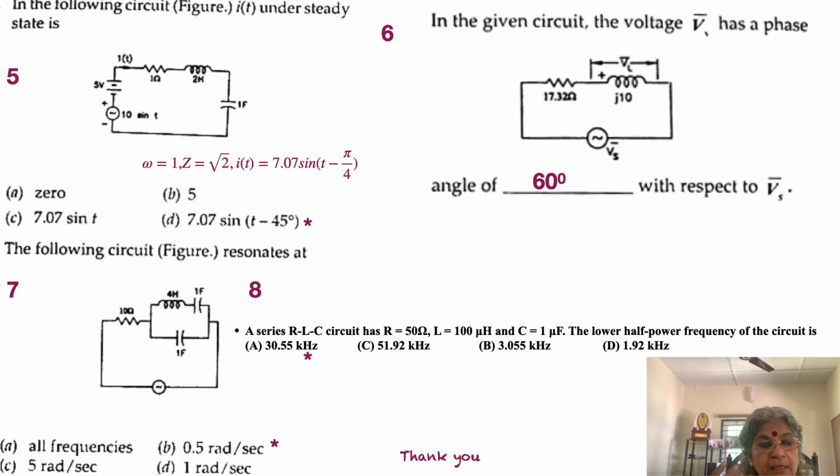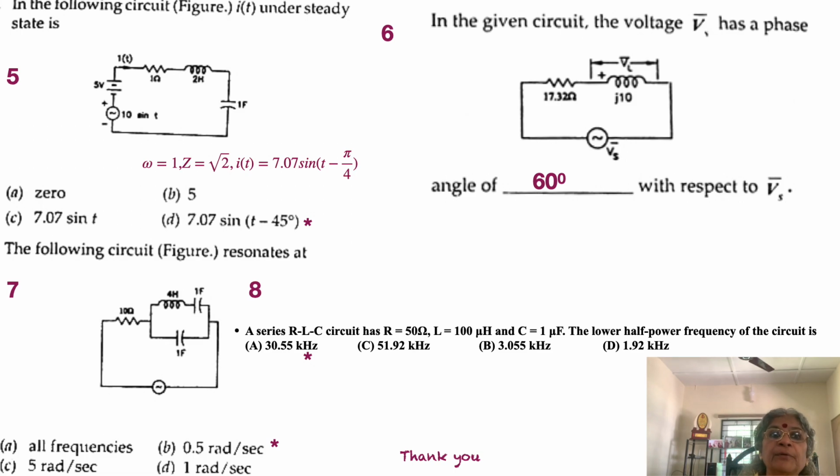The third method is to find the impedance at the half power frequency. When resonance happens, the impedance is only pure resistance, equal to 50 ohms. Half power is related to I square, so the current will be given by V divided by the square root of R square plus omega L whole square, or X square.